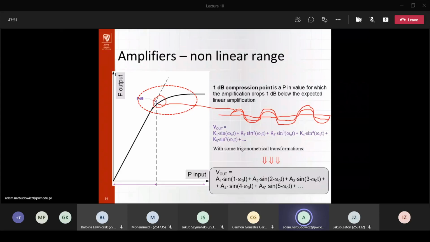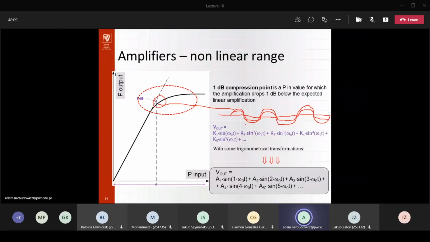Because, obviously, you will experience the same compression for the same input power, right? So you end up with a strange periodic function.